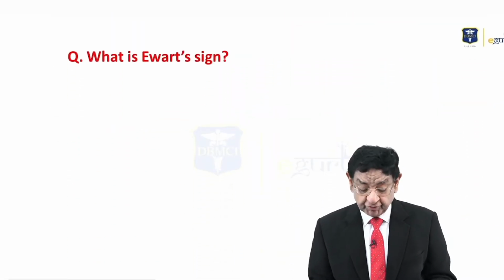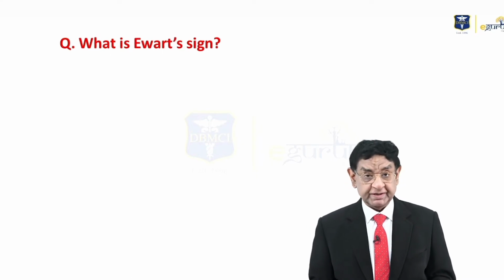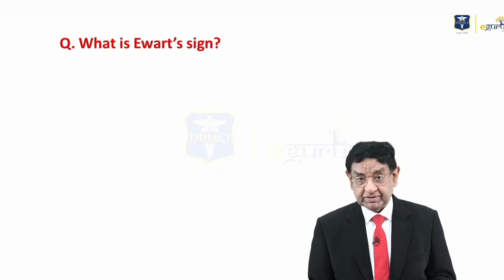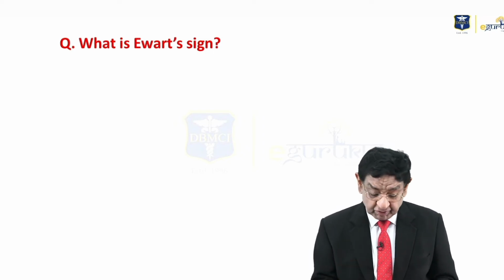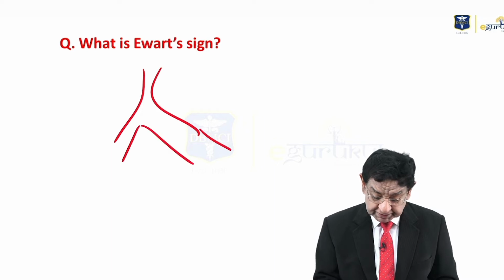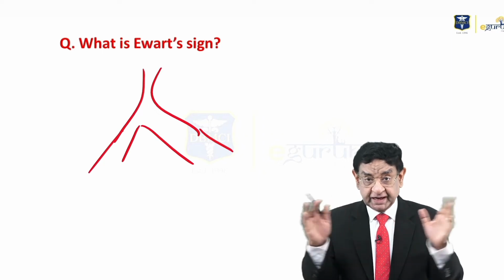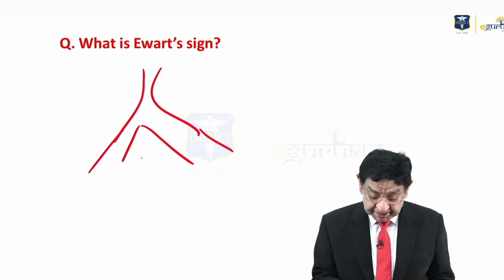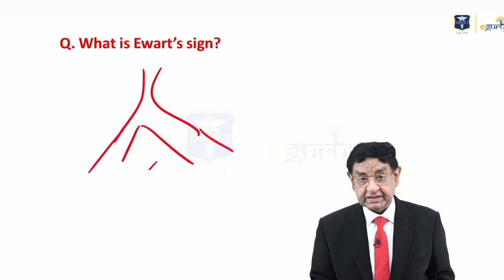Now, what is Ewart sign that we classically see in cardiac tamponade? Stop the video, write down the answer. Well, Ewart sign is that this is the trachea and two bronchi. Now, in massive cardiac tamponade, the heart enlarges, and the enlarged heart will compress the left bronchus.